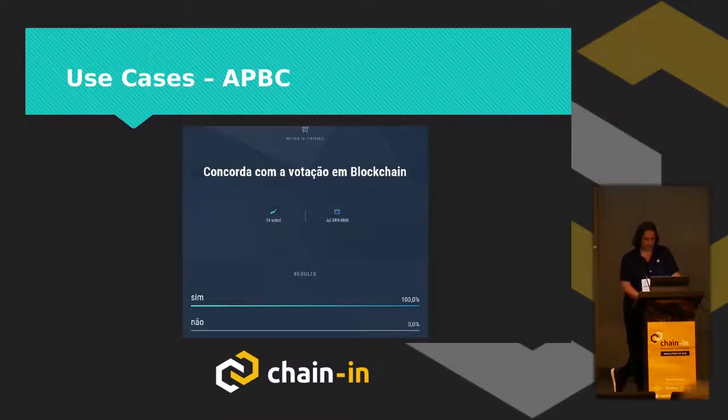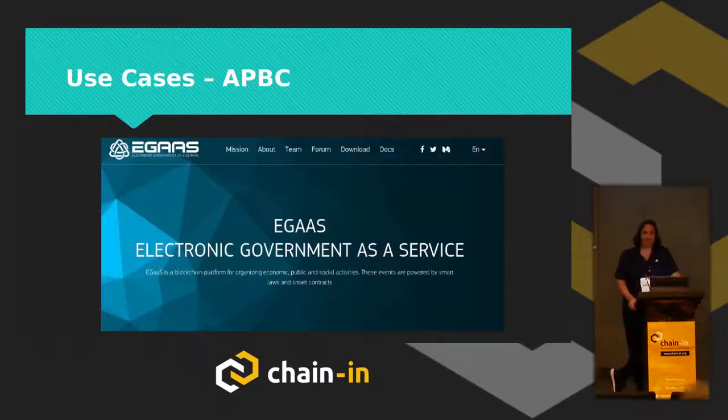This is a very interesting technology, because you can tie it with your national ID card in the case of any country. We are also working on using this technology, EGAS, which is made by a company called Appala, Electronic Government as a Service. It's basically a blockchain platform that provides a bunch of processes already put in place for organizing, as it says, economic, public, and social activities. Not only voting, but also transmission of property, implementation of rule of law, smart contracts.